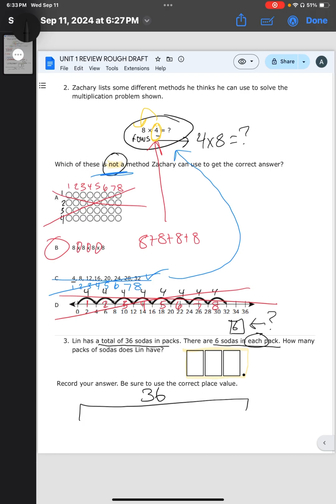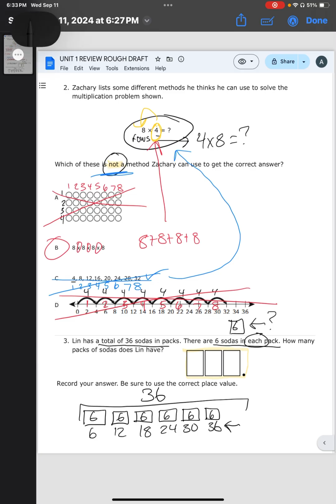To do that, down in the bottom, I'm going to start making groups of 6. There is a pack of 6. Here is a pack of 6. If I find the total, I'm at 6, 12 total sodas. I'm not at 36 sodas yet, so I need to keep adding packs of sodas until I reach my total of 36 total sodas.